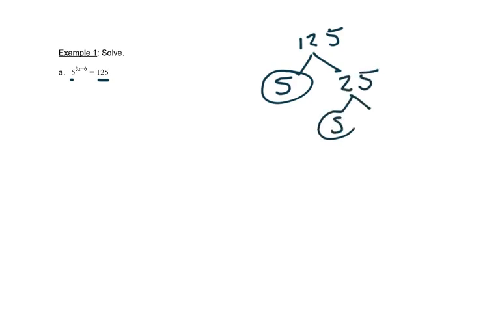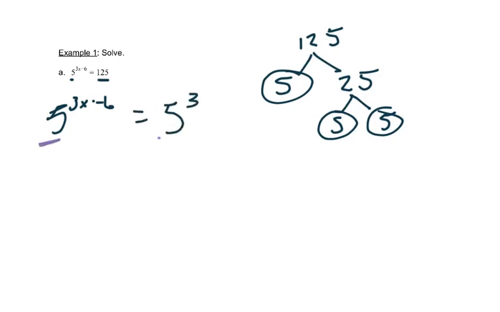In this problem, we can see that we can rewrite 125. If we divide 125 by 5, you get 25, and 25 we can break down into 5 times 5, which means that we can rewrite 125 as 5 to the third. Now because these 5's match, that means that these exponents have to be the same.